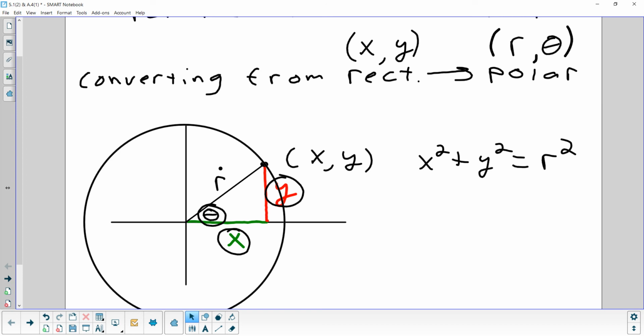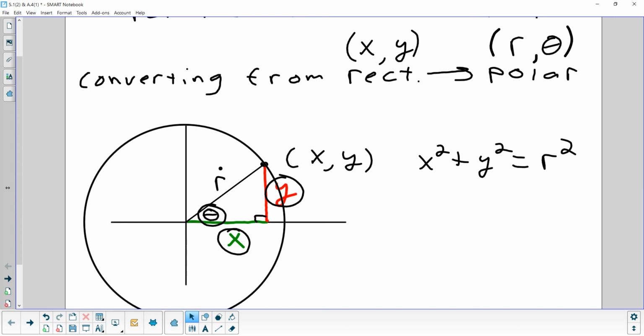Autumn, what's the name of the side that we've called x and it's right next to my angle? Let's start with r. What side is that? Because it's across from a 90. That's hypotenuse, yep. And how about, let's try the other one then.